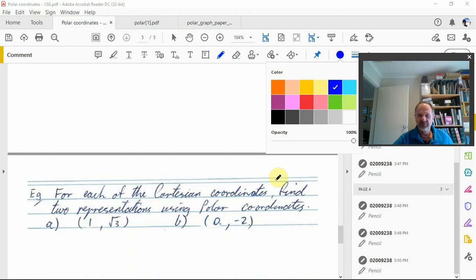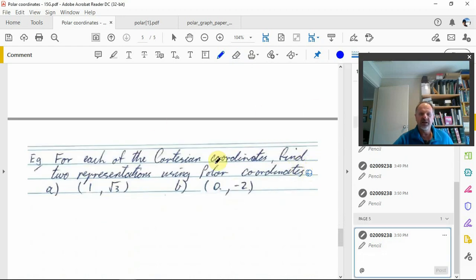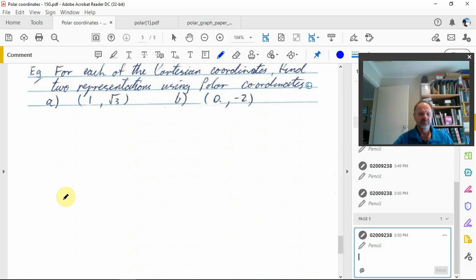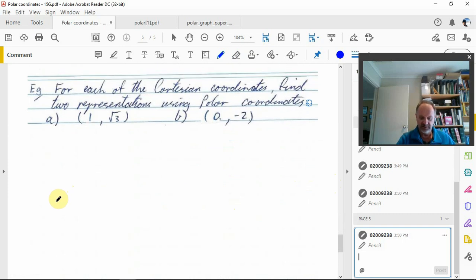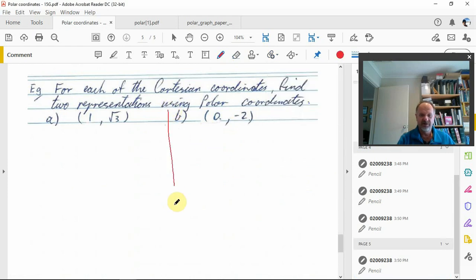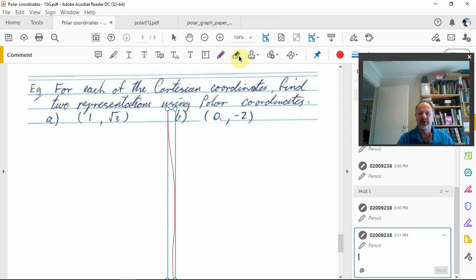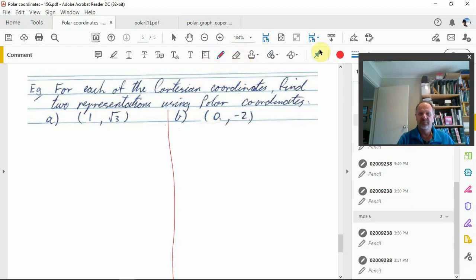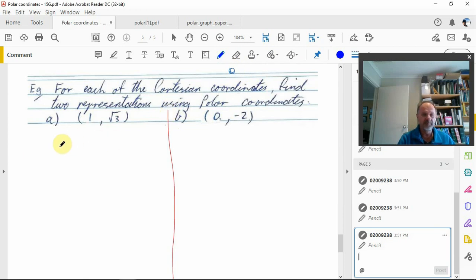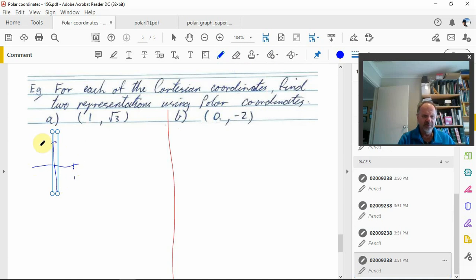Let's go back to the blue. For each of the Cartesian coordinates, find 2 representations using polar coordinates. So these are Cartesian coordinates. I'm going to put a red line right down the middle, and I'm going to work on the left and on the right. On the left here, let's put (1, √3).